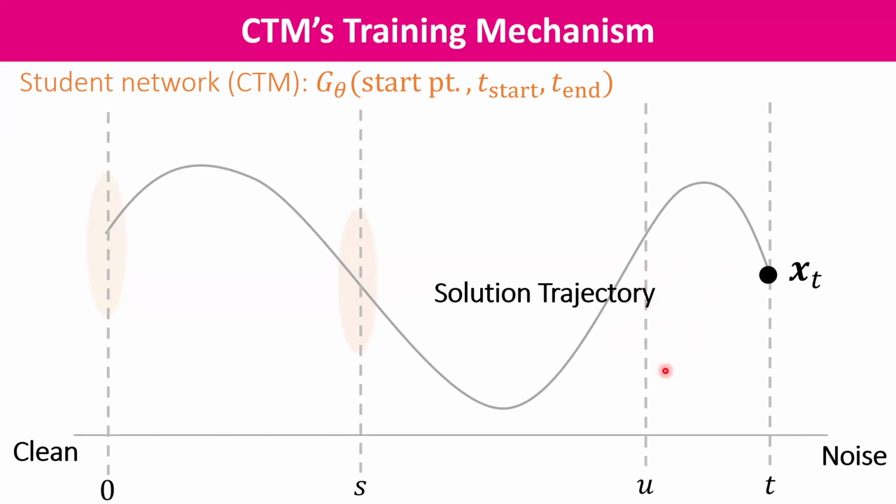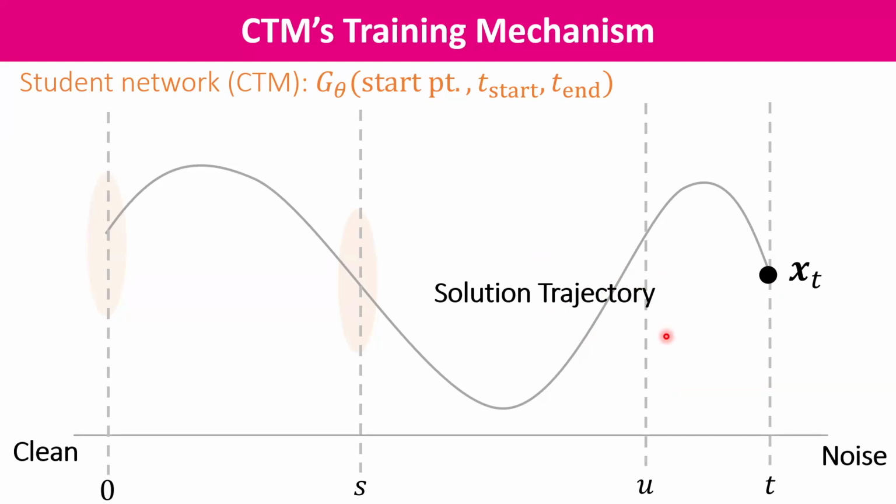But in general, we found that the total runtime of CTM converges much faster. If you compare the runtime per iteration, CTM may be more expensive than CM because it needs to call the solver for many random steps. But in terms of total training runtime, CTM converges much faster.